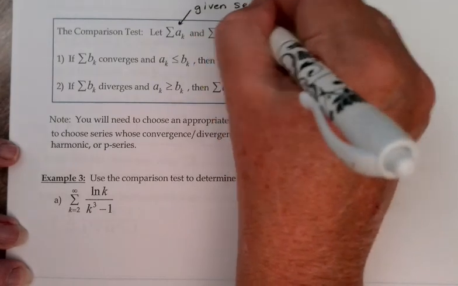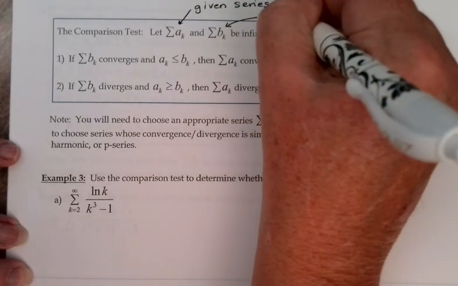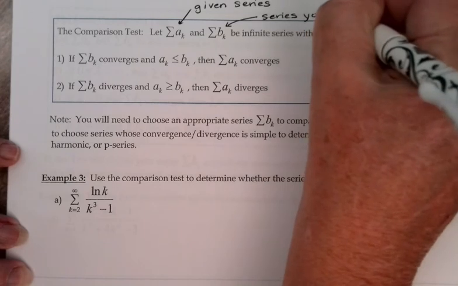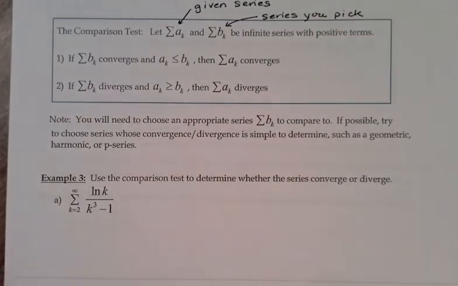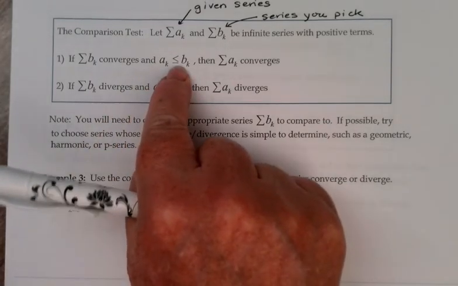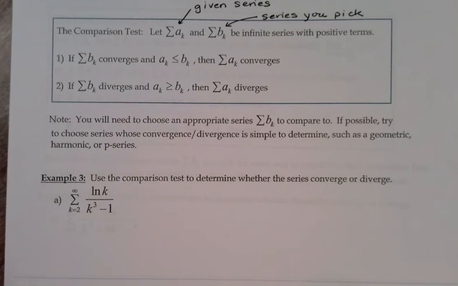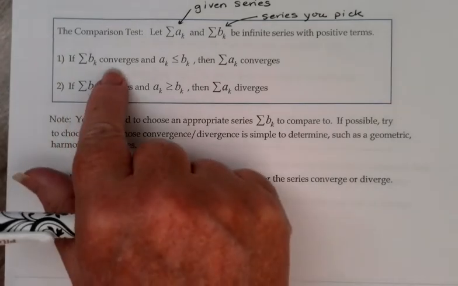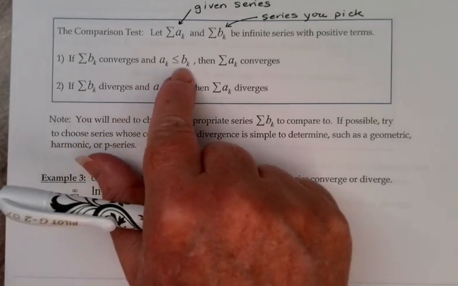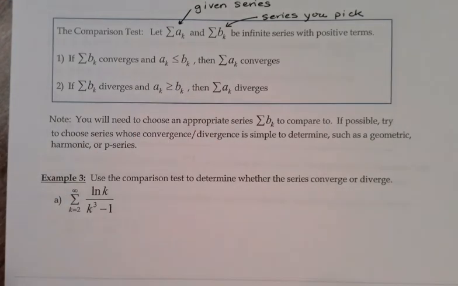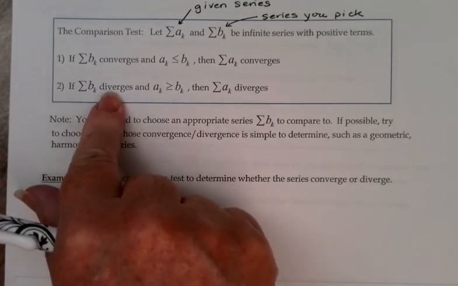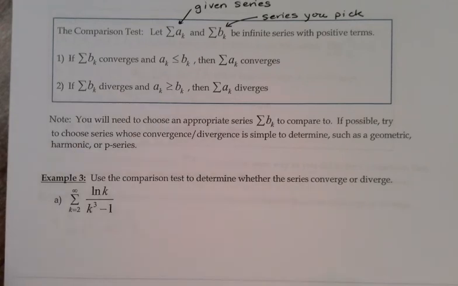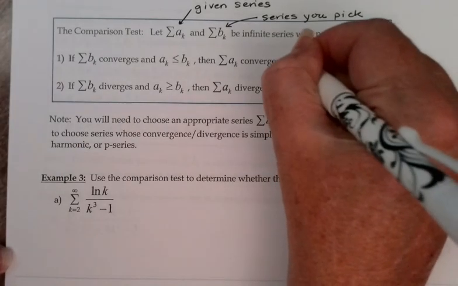And the b sub k's are going to be a series you pick. You're going to try to choose a series that's either greater than or less than the original based on what you think is going to happen. If you think you're going to get a convergent series, then you would pick the b sub k's bigger than the original. If you think that you're going to get a divergent series, then you would pick them smaller.